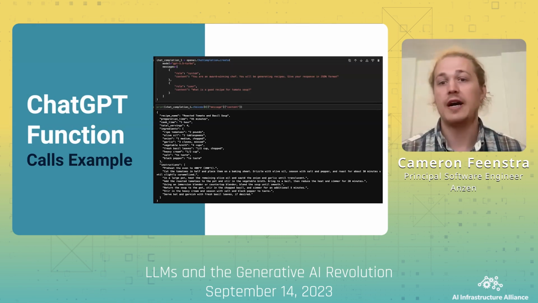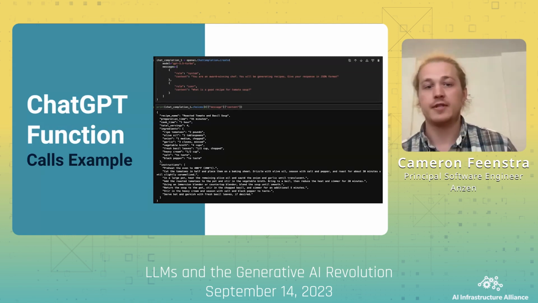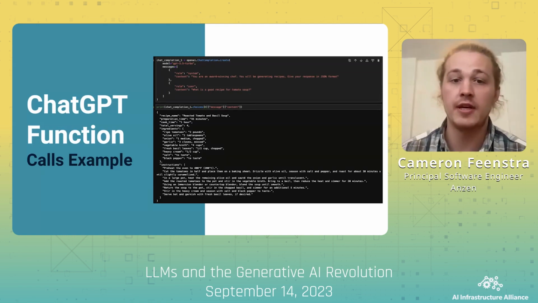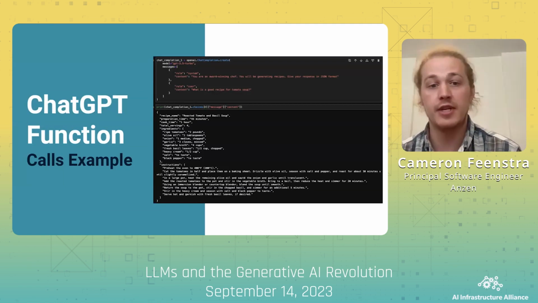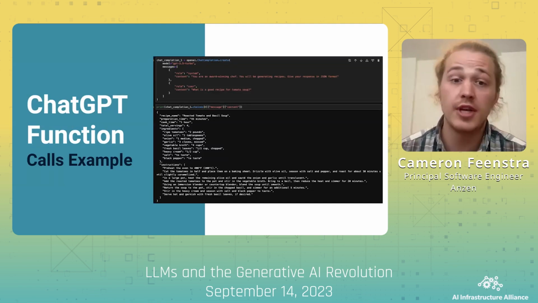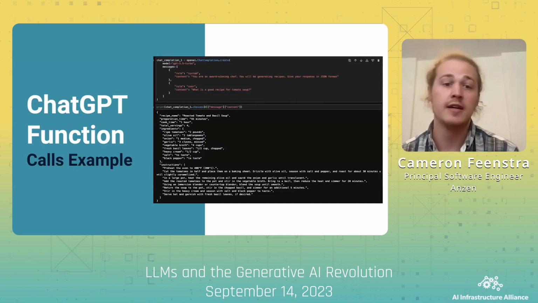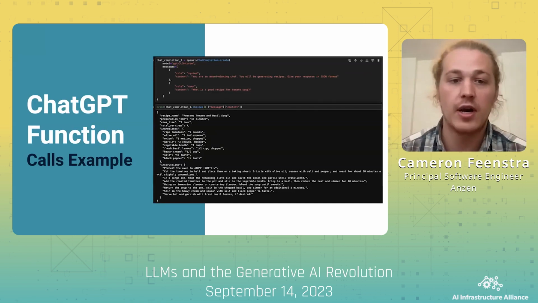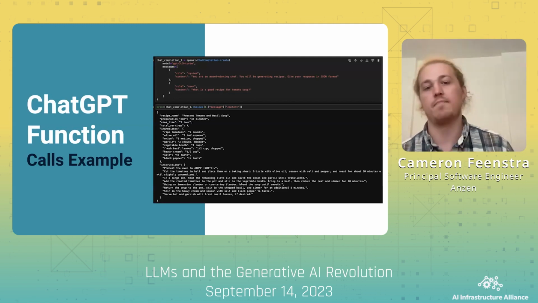Now, I could add a bunch more instructions saying, for example, give me preparation time in minutes, for each of the ingredients, give me the unit and the quantity separately. I could say for each instruction, I want both the instruction and the amount of time it'll take.